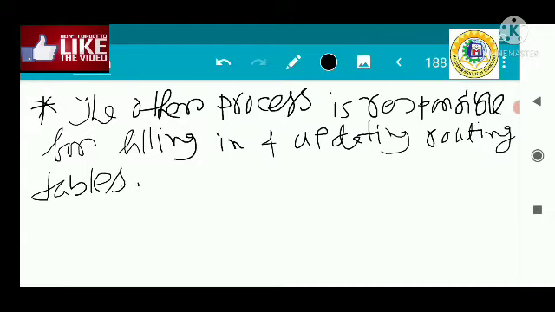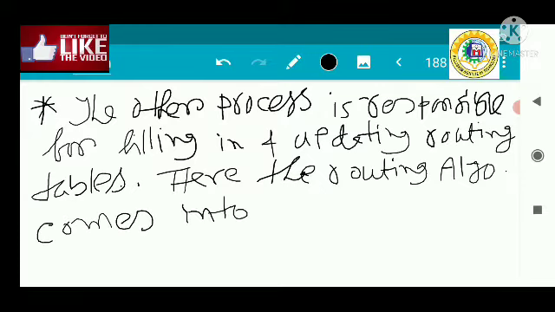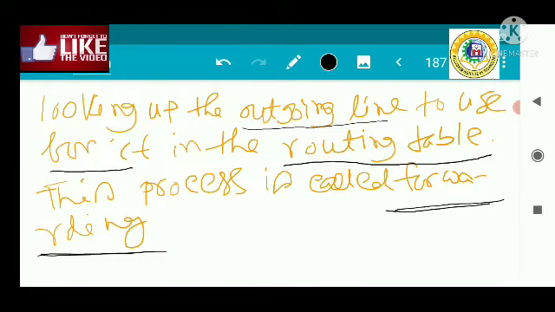That is where the routing algorithm comes into play. So the first process is responsible for forwarding the data packet that comes into one of its nodes, and the router forwards this packet to the destination by consulting the routing table.